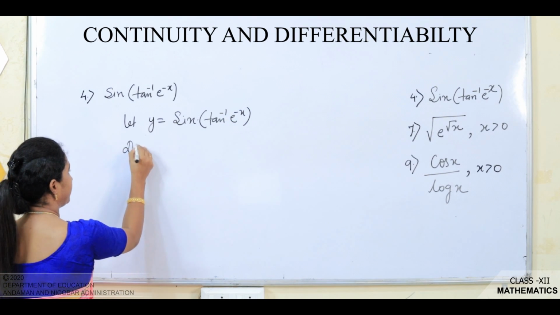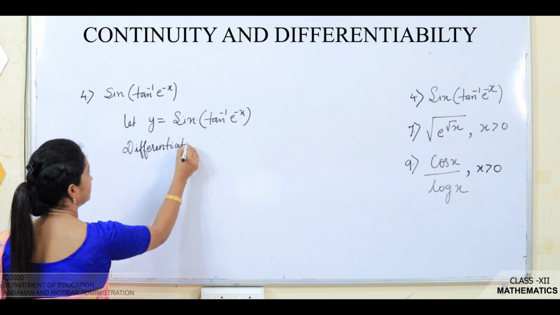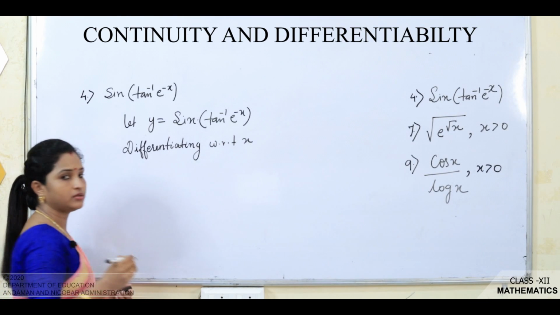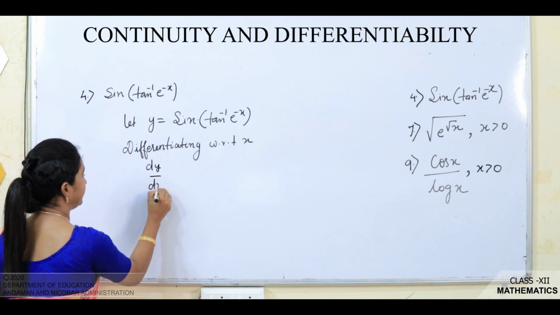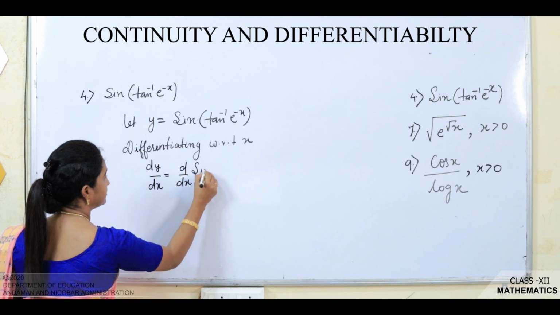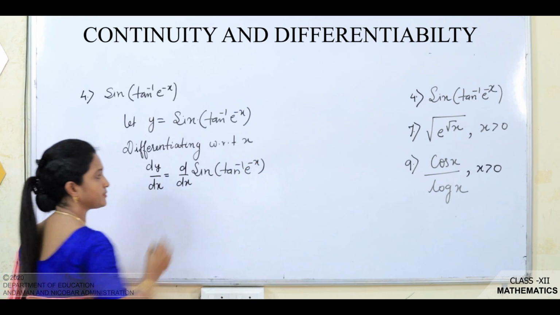Now differentiating with respect to x, when you differentiate y, you are going to get dy by dx is equal to d by dx of sine tan inverse e power minus x.